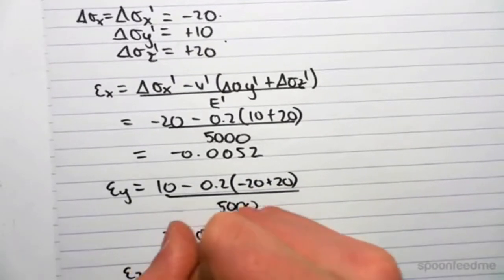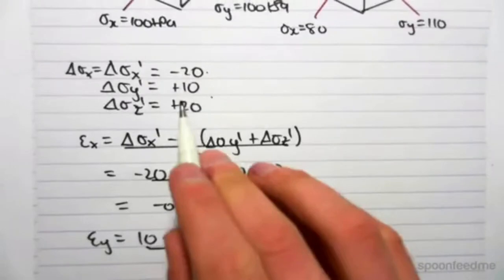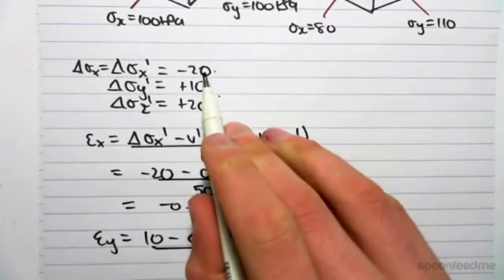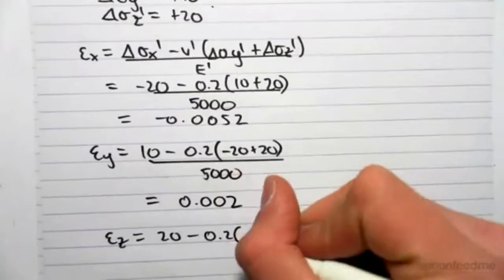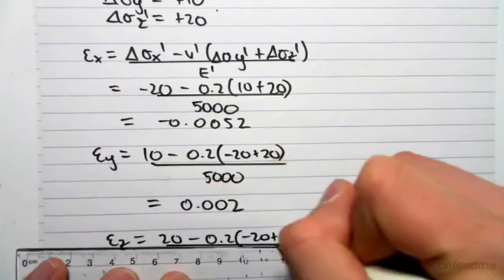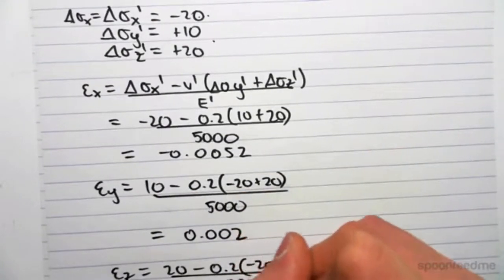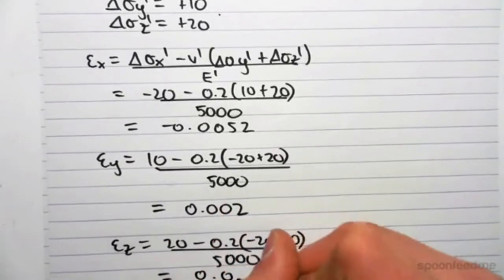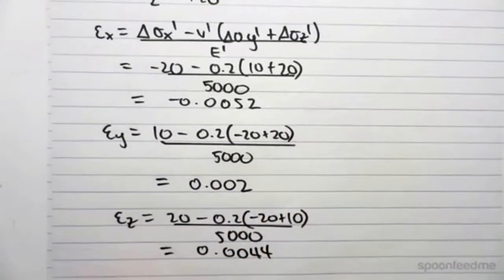We could then find the strain in the Z direction, and this would be 20 minus 0.2 outside of minus 20 plus 10, all over 5,000, and this answer would be 0.0044. So that was very simple.